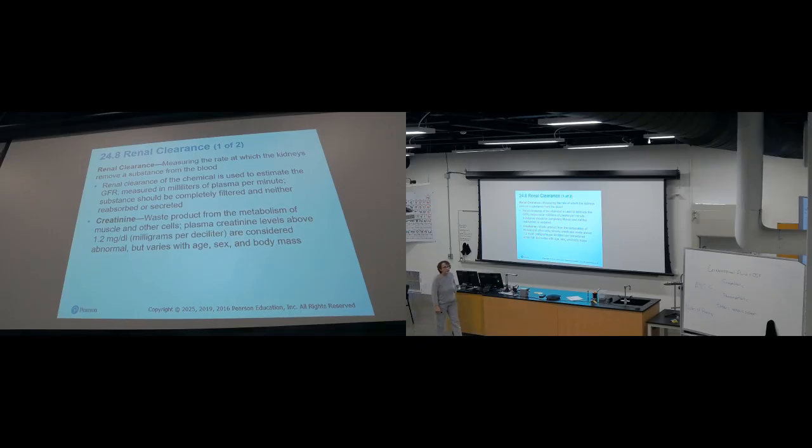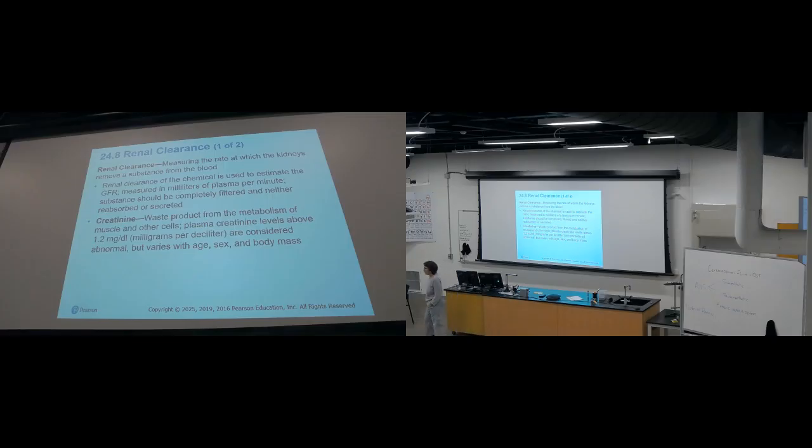Now, for renal clearance, we'll be measuring the removal of particular substances within the blood. So we have an example here. We have creatinine, which is the waste product of muscle metabolism. So when someone has creatinine levels above 1.2 milligrams per deciliter, this is abnormal because we don't retain this product.